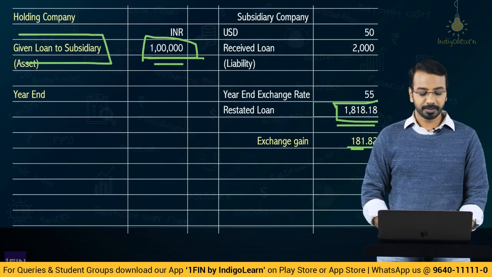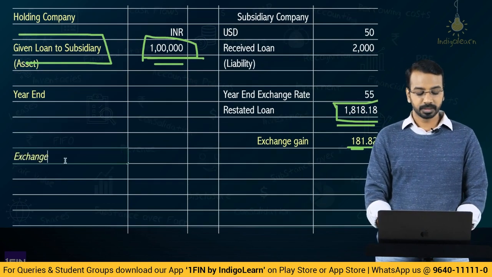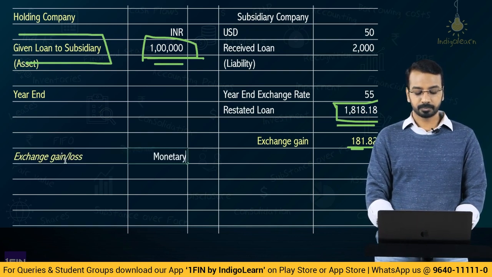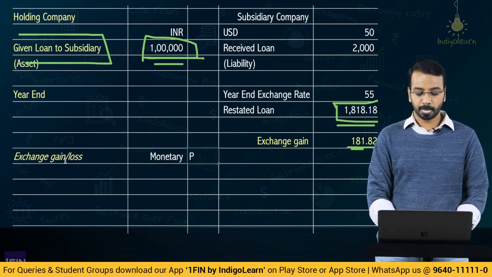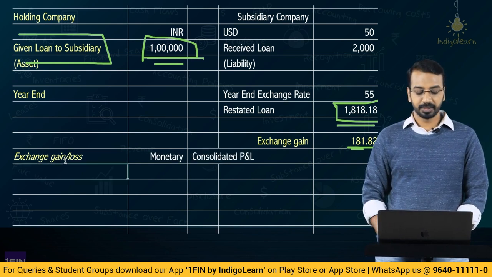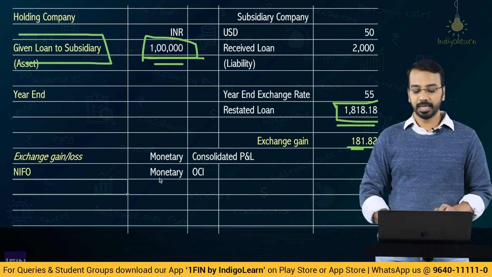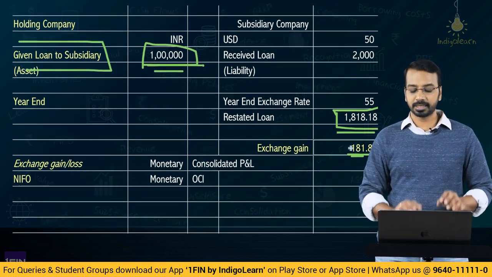So, two things: exchange gains or losses on monetary items, you will take to the consolidated P&L. Okay, if it is a monetary item and if it is pertaining to NIFO, then you will take it to OCI. Okay, now you understood the reason why we should recognize this gain.